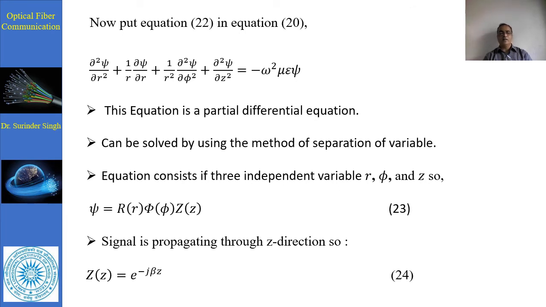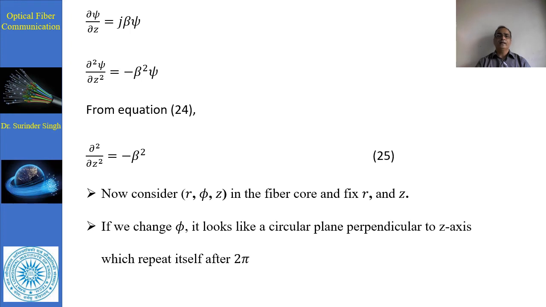The signal, we know, propagates in the z direction, and if we eliminate the omega t part, then in z there is an e raised to the power minus j beta z part. When we take the derivative of psi with respect to z, we get j beta, and when we take the derivative again, d square psi upon dz square becomes j square beta square psi. j square is equal to -1, so minus beta square psi comes out.